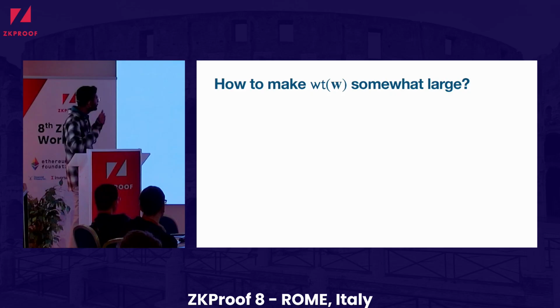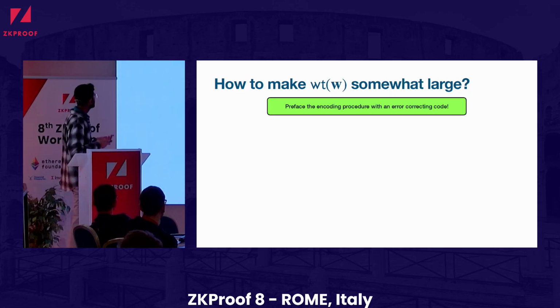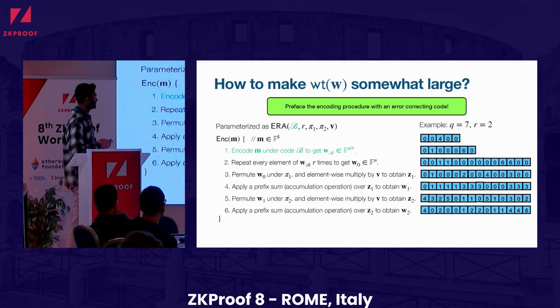And how do we make that input weight somewhat large? We preface the encoding process with a very basic error correcting code. And so this is what you do. You just take what our previous encoding procedure was, and then you just prepend this encoding procedure under B to get this WB.